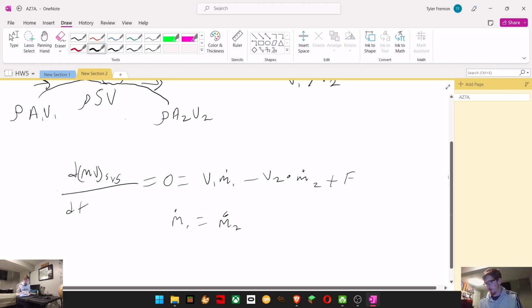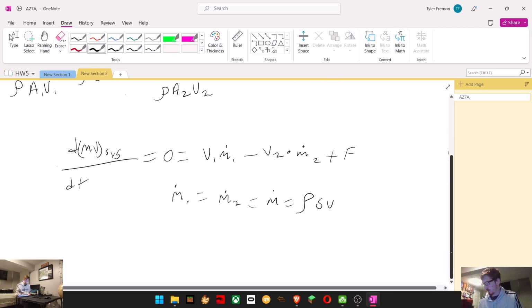No mass is lost as we flow through the system. So it's going to be the same as it is at the turbine, which is just equal to rho SV.